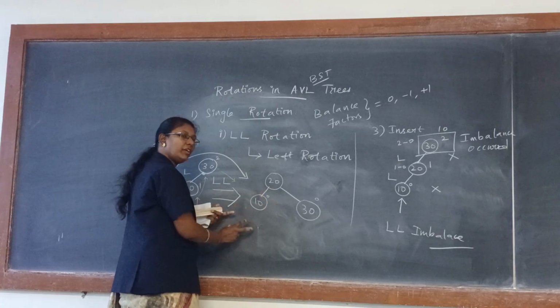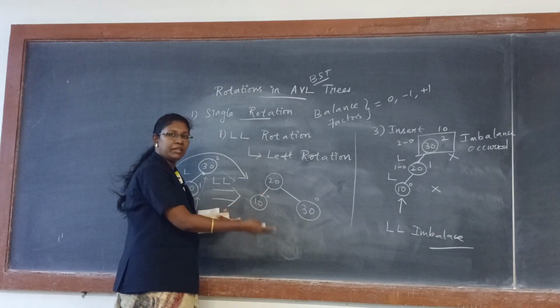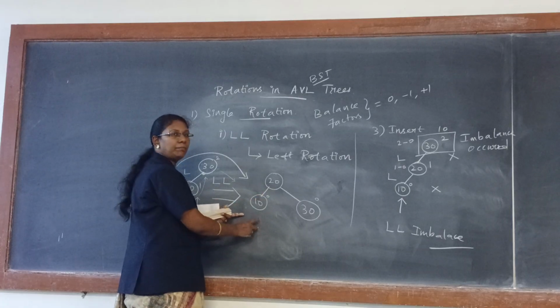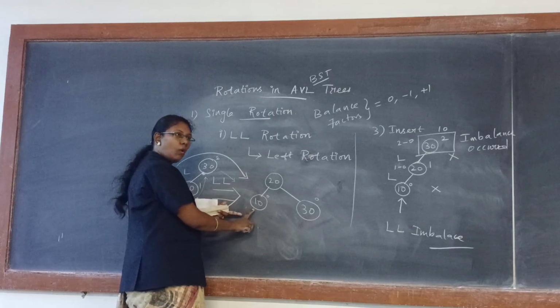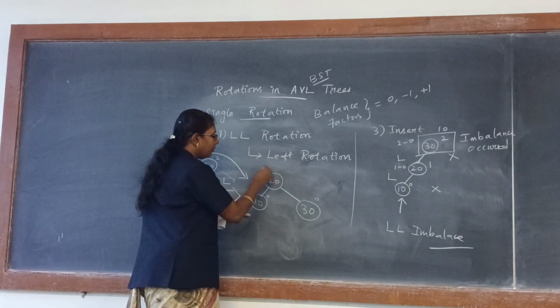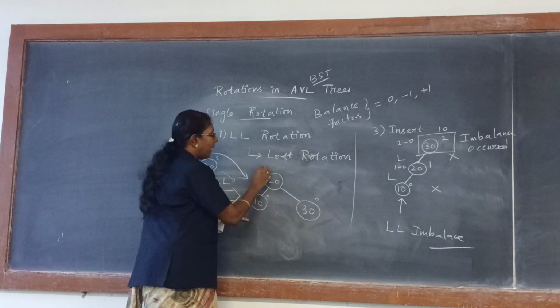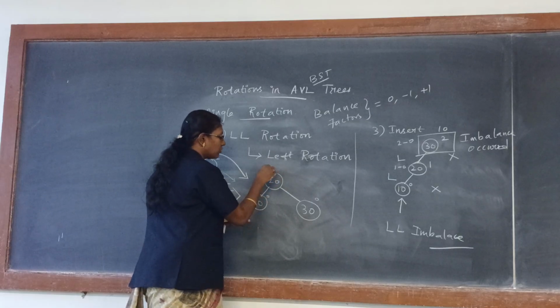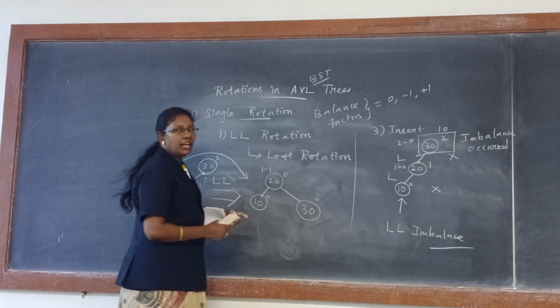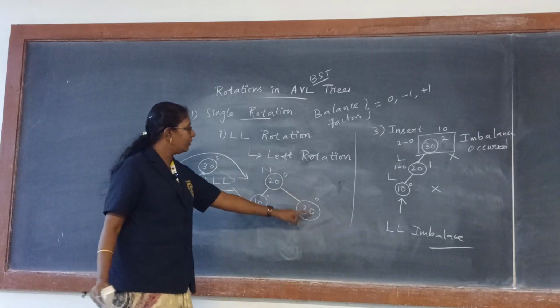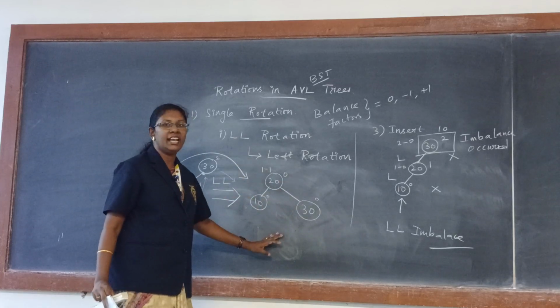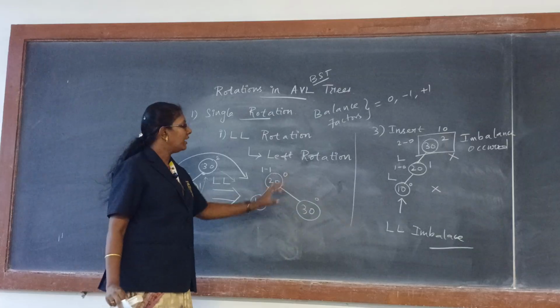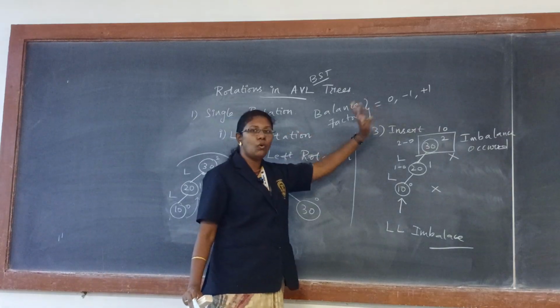That means we have both left and right subtrees. The height of the left subtree is 1 as there is only one child here, minus the height of the right subtree which is 1, which means 0. So all the nodes in this particular tree have a balance factor value of 0 only.